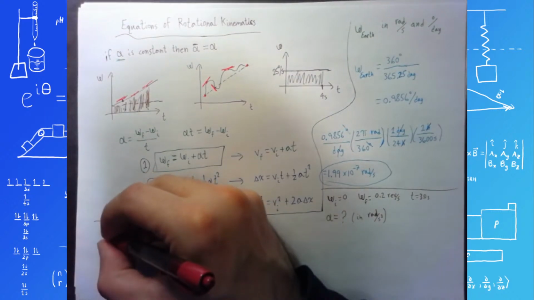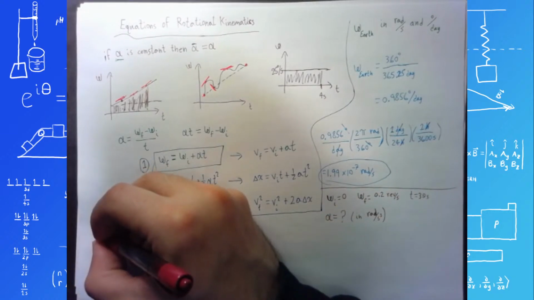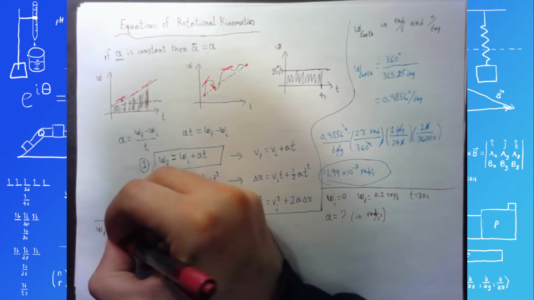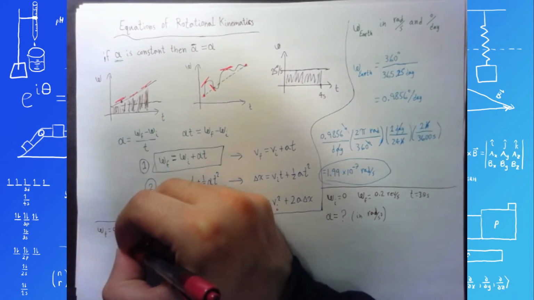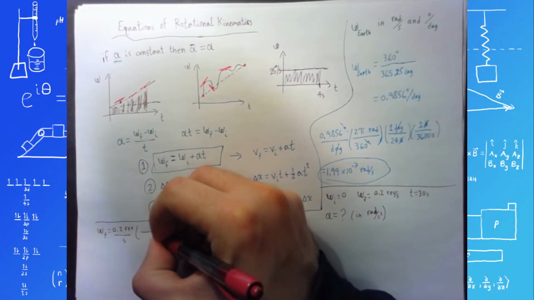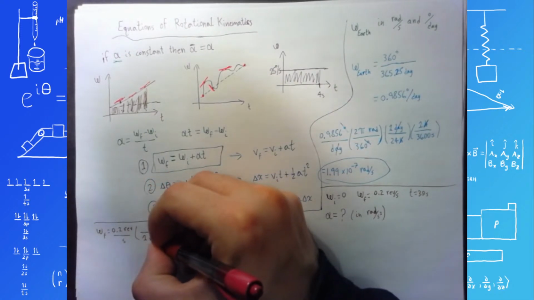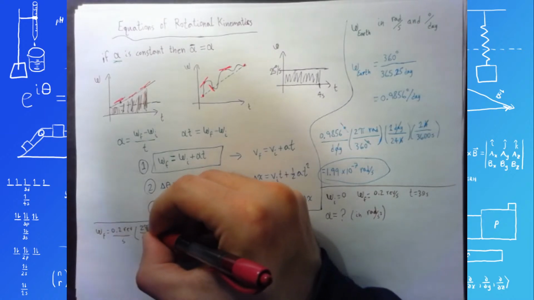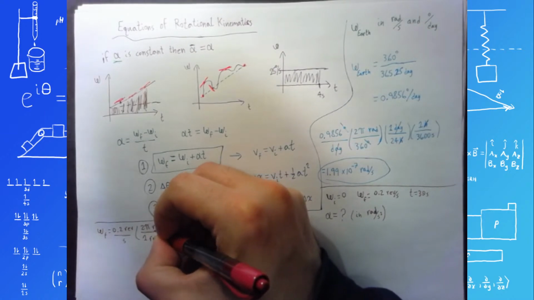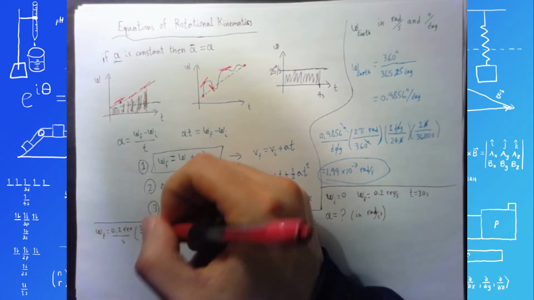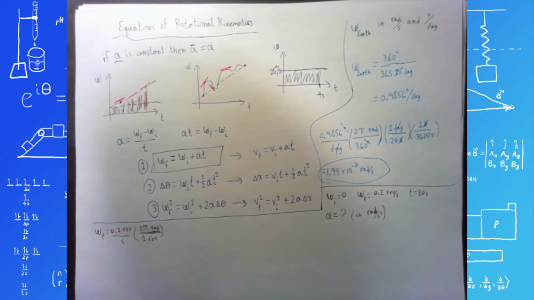So that'll be omega final equals 0.2 revs per second. Every 1 rev is 2 pi radians. That'll be the thing to memorize for this lesson.